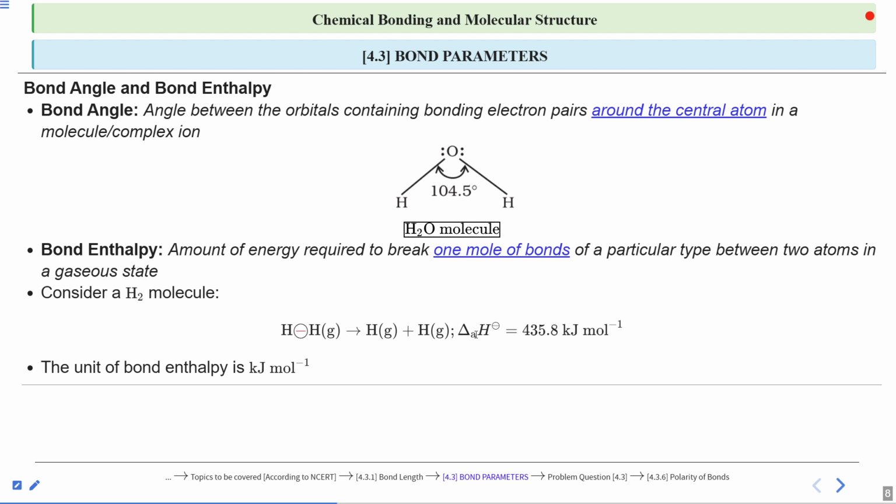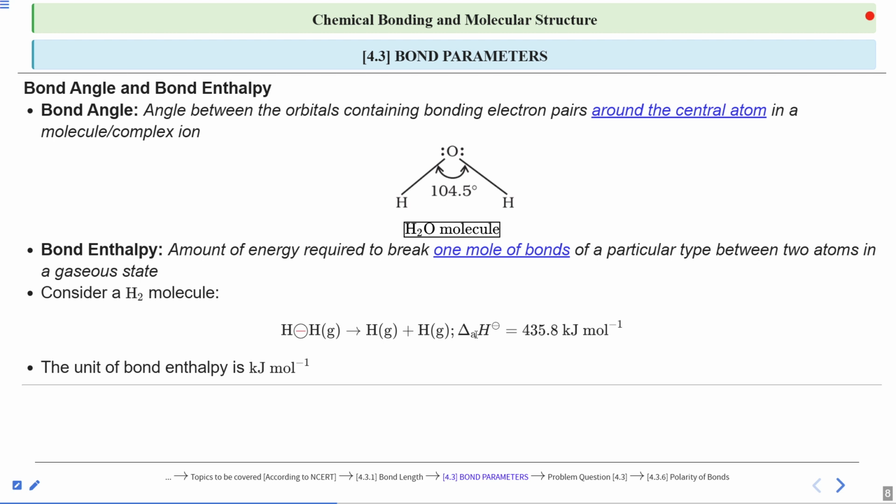Now enthalpy, you must be hearing this term multiple times. Enthalpy is basically the energy change. I can keep it simple till now, before we move on to the discussion of thermodynamics. You can simply think of it as the energy change, whether the energy is released or absorbed.